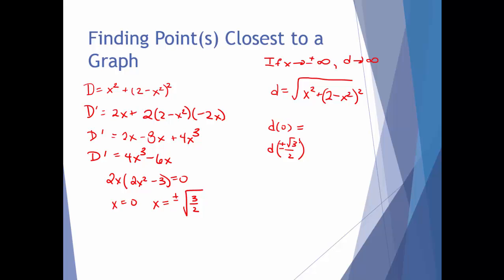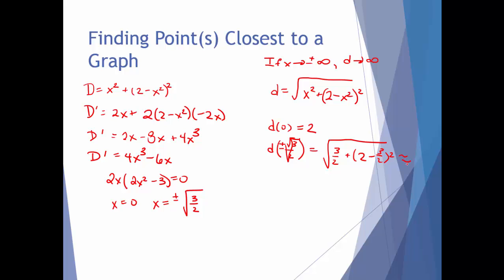So when you put 0 into your distance function, this term goes to 0. Here we're going to get 2 squared, also known as 4, but you're going to take its square root, so you're going to get 2. When you put in plus or minus the square root of 3 halves, pardon me, I wrote that wrong. That's the square root of 3 halves. The whole thing's under the square root. What you're going to get is the square root of 3 halves plus 2 minus 3 halves squared.